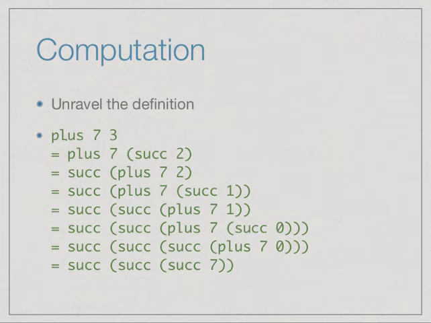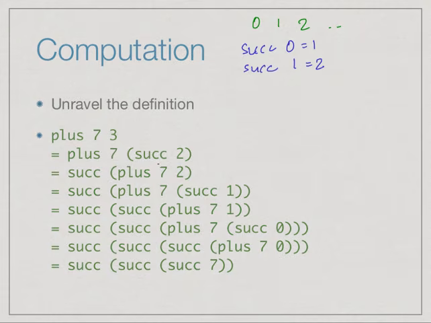So supposing I want to add 7 to 3. Now in our universe we have 0, 1, 2, etc. and we know that successor of 0 is 1, successor of 1 is 2, and so on. Right?